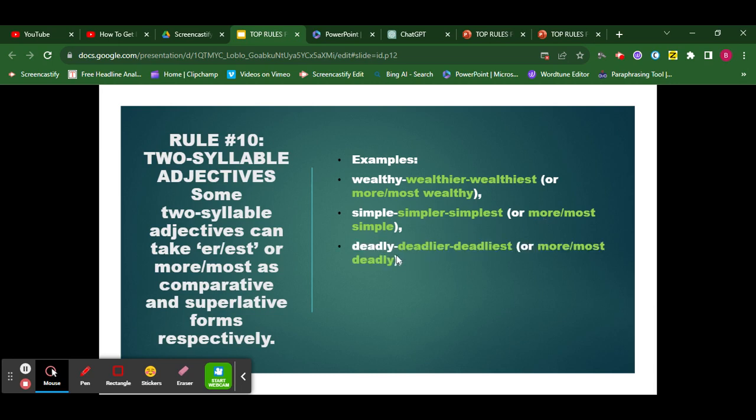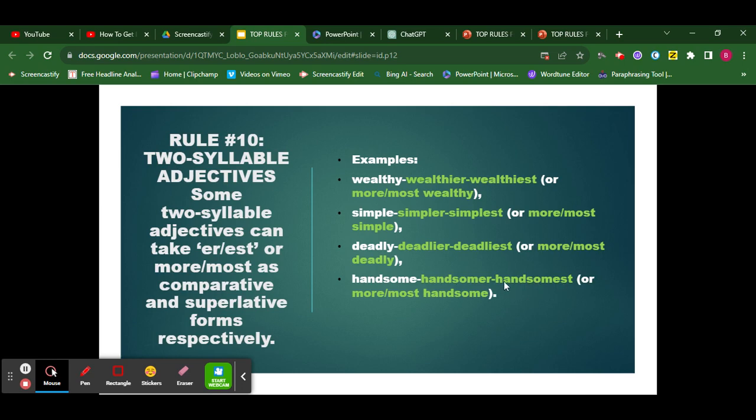Another example is deadly. It's also a two-syllable adjective. So you can say deadlier, deadliest, okay? Or you can say more deadly or most deadly. Look at the word handsome. Some people get confused when they hear people saying handsomer or handsomest.